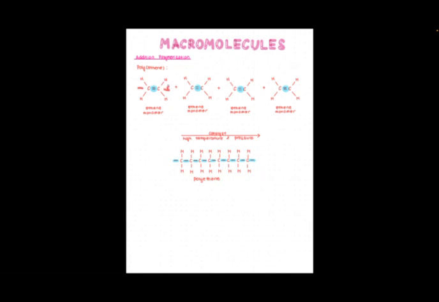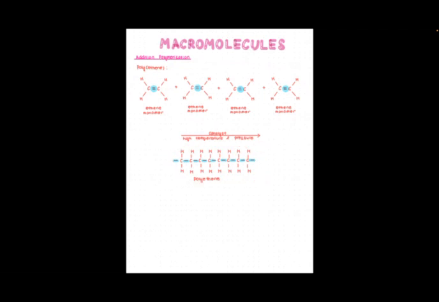Since it has free bonds, it can continue to bond with another monomer or another polymer, and then it will form something very large. Plastic is one of them. There's no limit. But let's say they only give you 4, like in this case, then you can only react these 4. You can only show it by drawing 4 joined together. You cannot add additional because they only say 4.